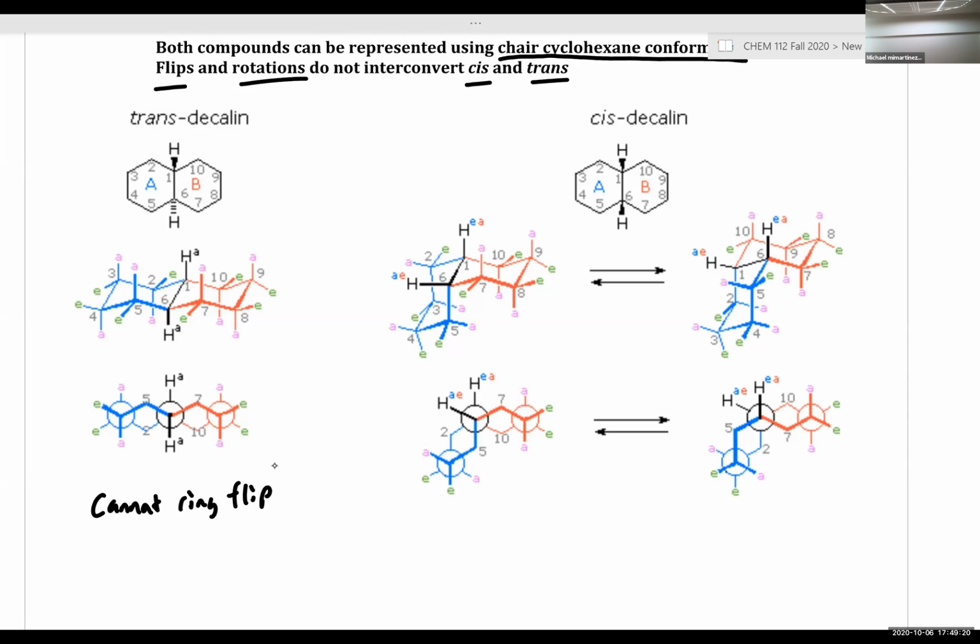If we look at cis decalin, however, cis decalin is much more conformationally flexible due to the relative arrangement of the hydrogen and ring substituents.